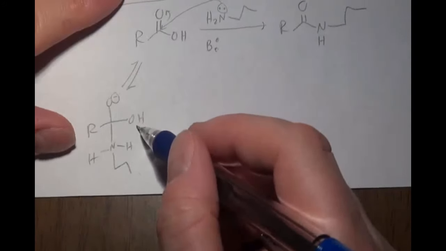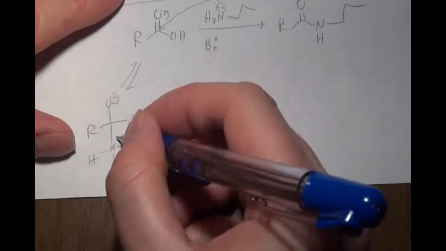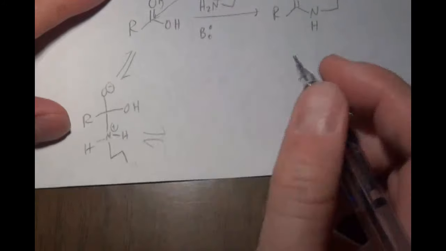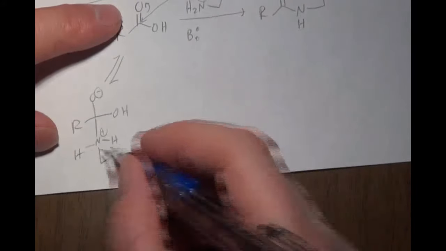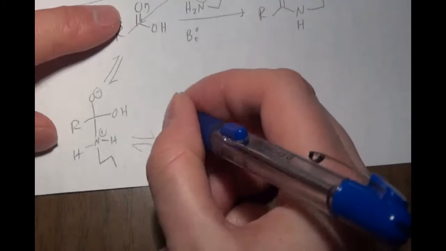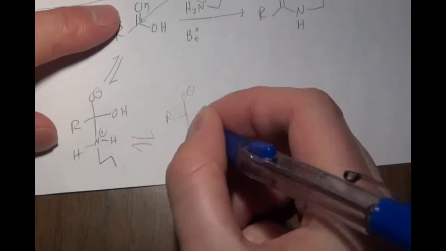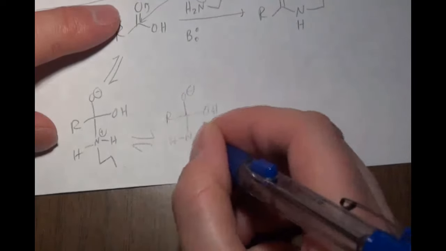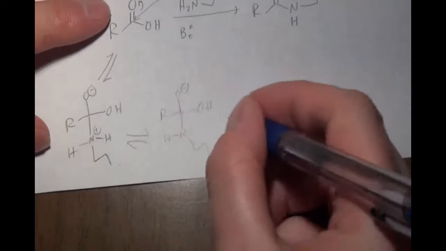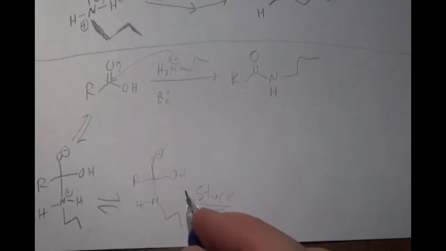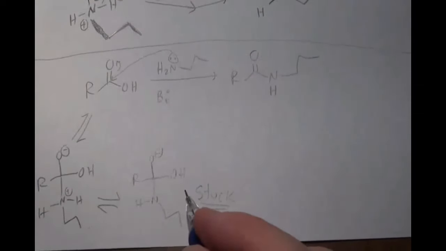The OH is our desired leaving group. So, you know, you might lose your proton, just like always. Lose the proton on nitrogen. Now you're stuck. You cannot kick off this bad leaving group from the oxygen.